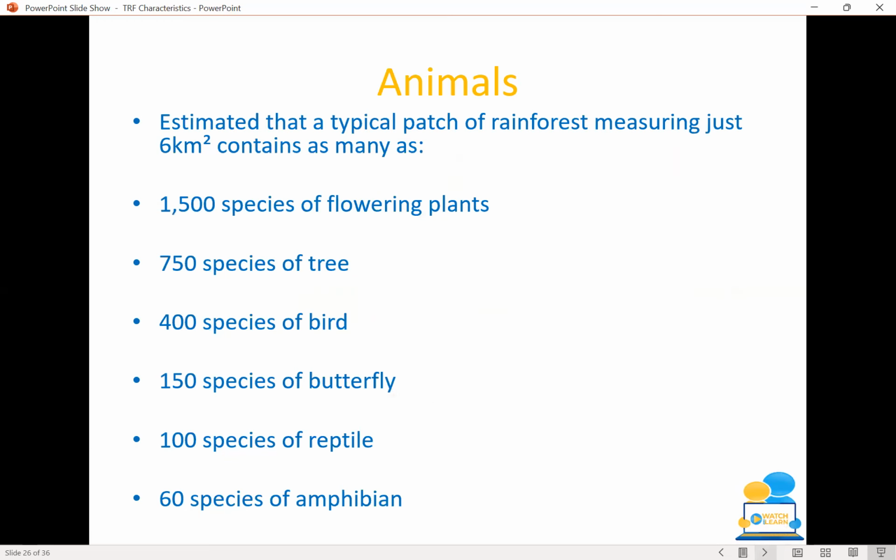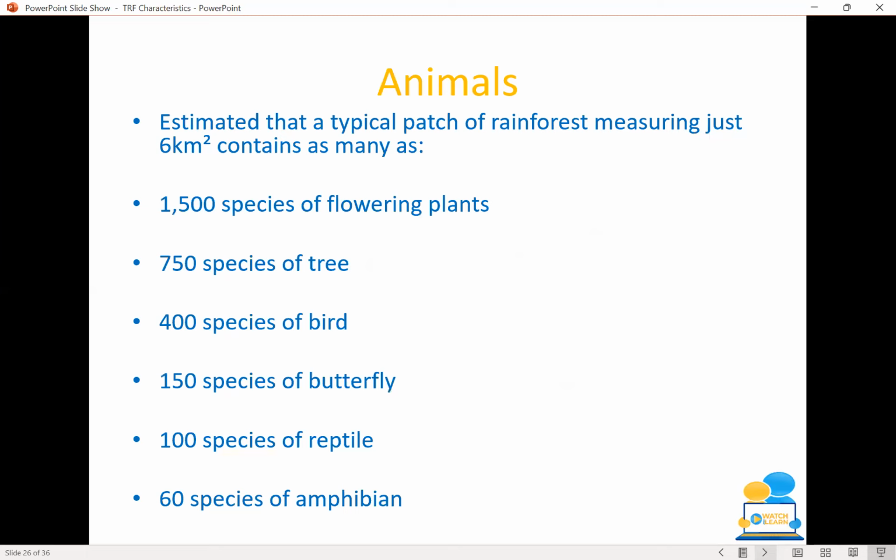Now, that's us having a look at all the different types of plants that can be found. But as we know, there are a huge amount of animals that can be found as well within the tropical rainforest, probably more in an area like rainforest than anywhere else in the world.